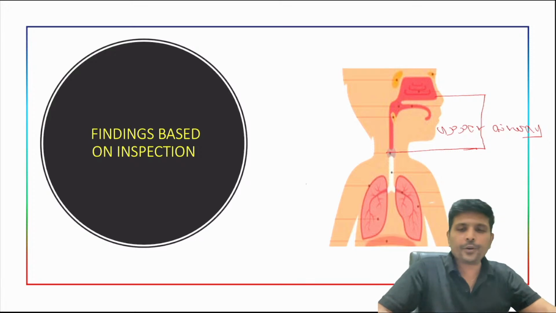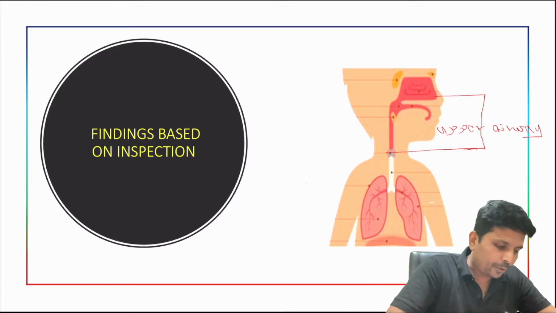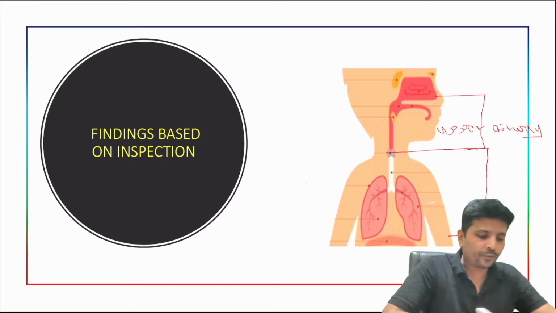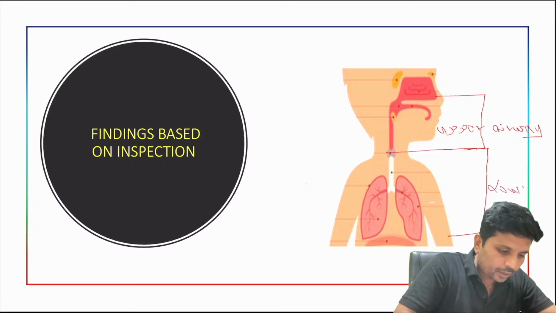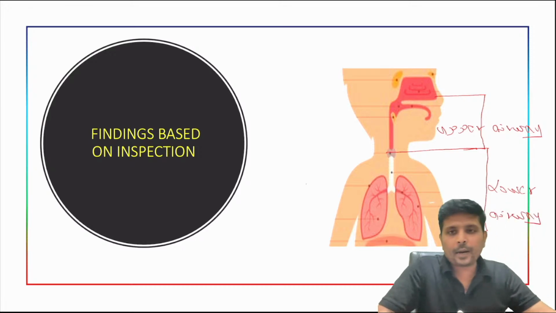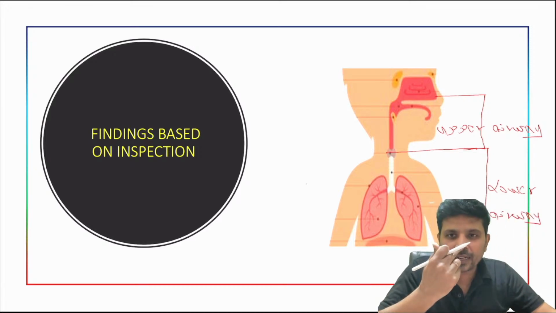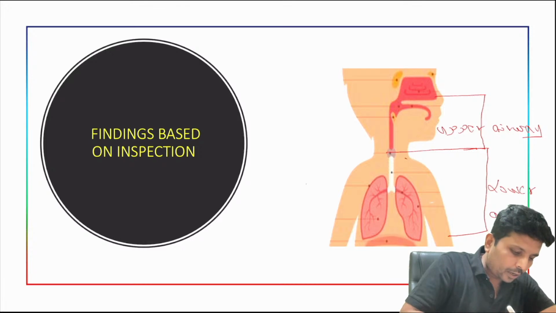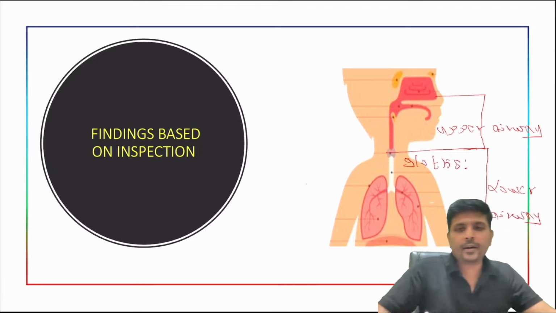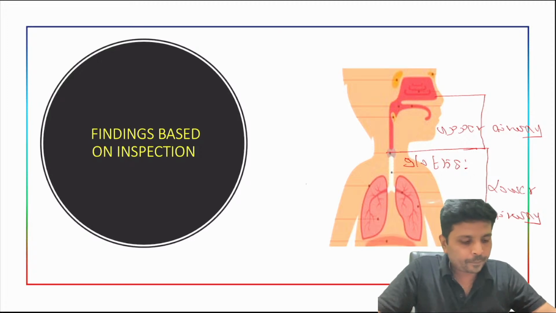And what do you mean by lower airway? From your vocal cord to the lung parenchyma is called lower airway. Vocal cord or glottis is the site which separates your upper and lower respiratory tract.